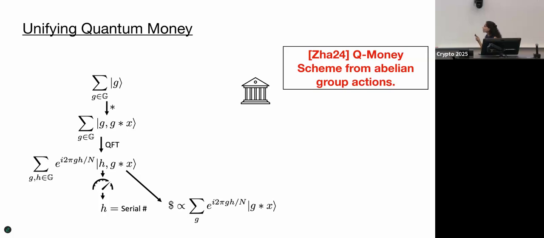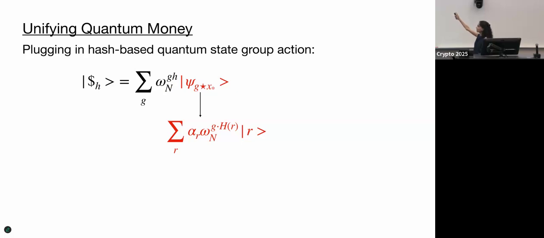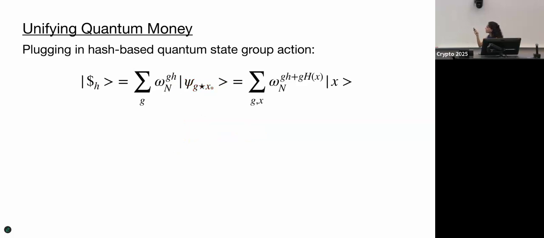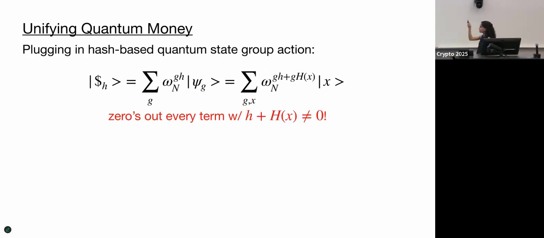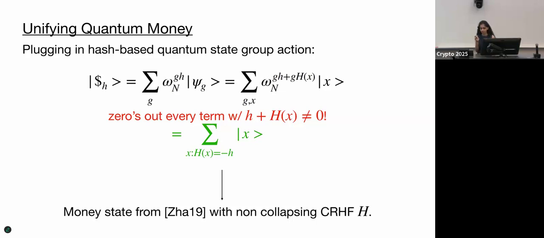And now for quantum money, this is the quantum money scheme from Zhandry, from classical group actions. When we replace the classical group action with the quantum group action and open up the state according to the act operation, then when we're summing over all group elements, the root of unity zeroes out, and we recover the exact same state that we know from the non-collapsing hash function construction.